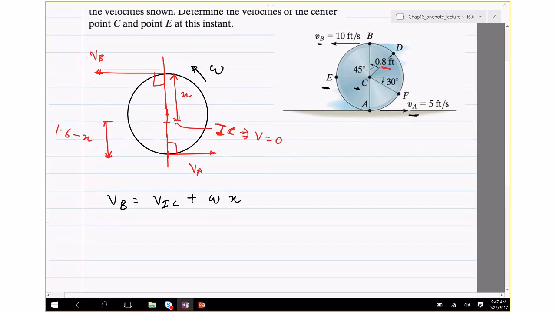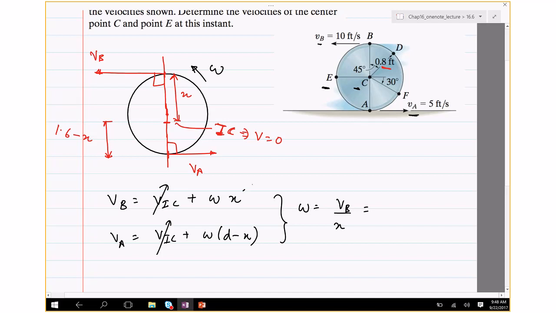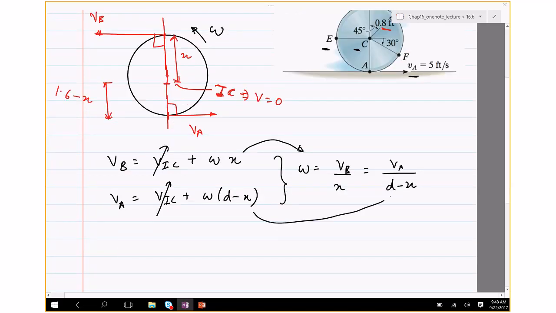But velocity of IC is 0. Similarly, velocity of A is velocity of IC plus omega times d minus x. IC is 0. So from this you can see that omega is VB divided by x, and it's also equal to VA divided by d minus x, which came from here.